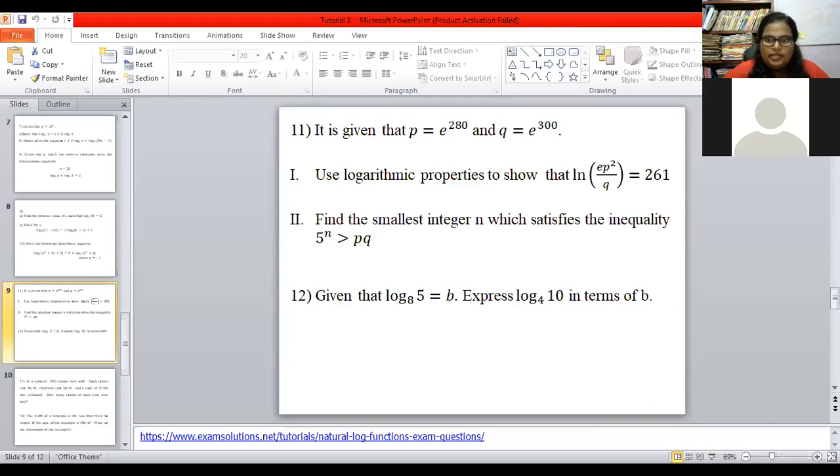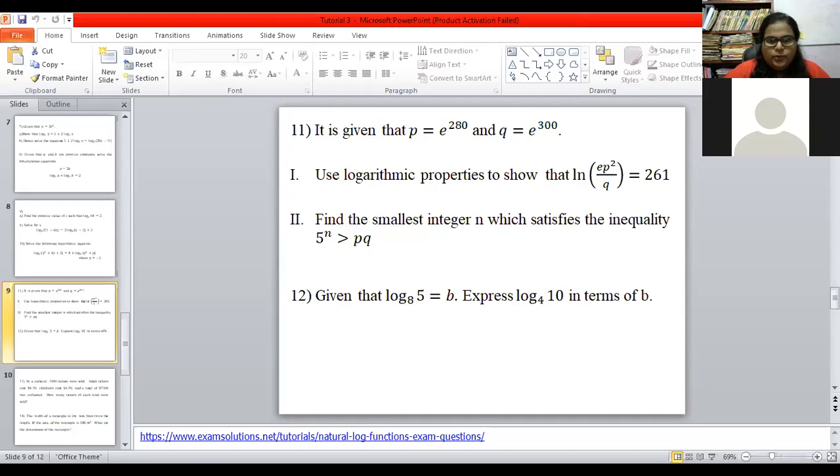Here, the first part is use logarithmic properties to show that ln of some function, e p square divided by q, equals 261. Right, in the second part, it is asking find the smallest integer n which satisfies the inequality 5 to the power n greater than pq.